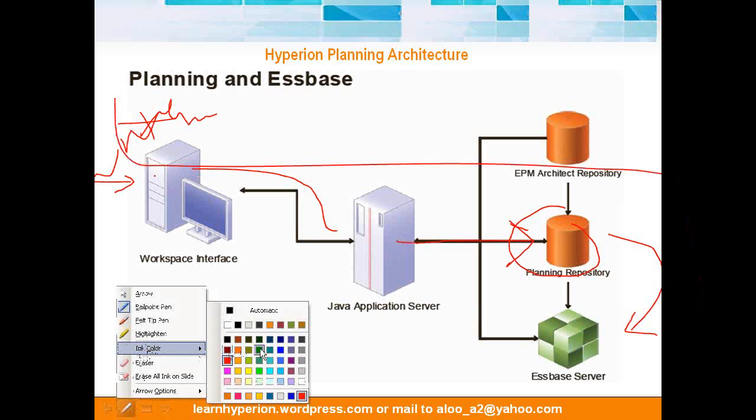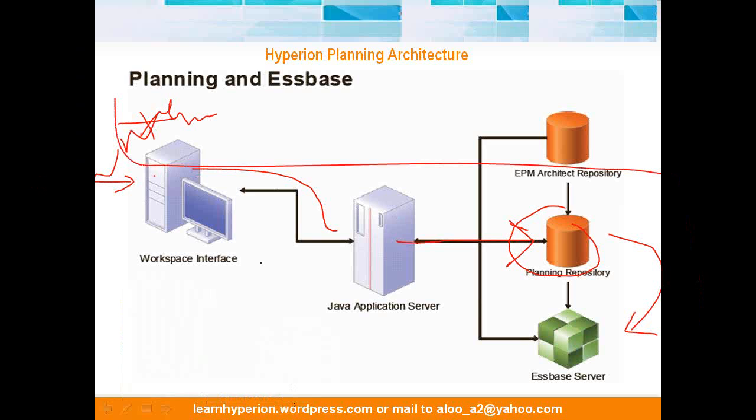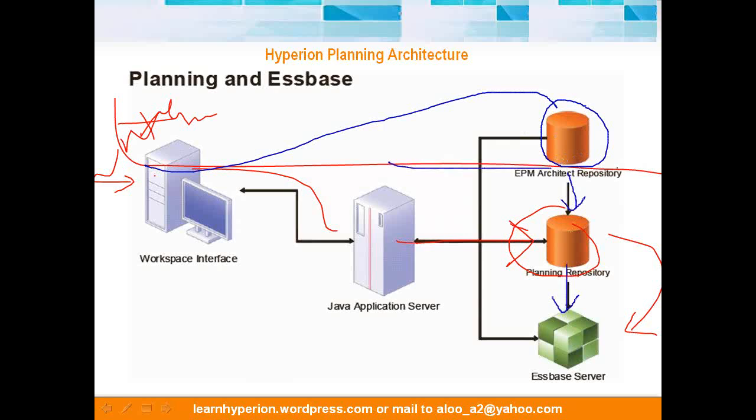The architecture for EPMA we have not discussed yet, we'll talk about it, but for EPMA there is one additional layer added. So every time you modify your planning metadata, it goes to EPMA, then to the RDBMS, and then to planning. Why is it so cumbersome? Why is one more layer added? What is the benefit of it?